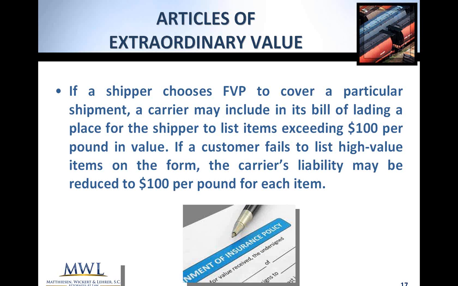The carrier could potentially increase the cost for shipping the particular shipment, and if the shipper fails to indicate these high-value items, these articles of extraordinary value, then the carrier's liability will be reduced to $100 per pound for each item.